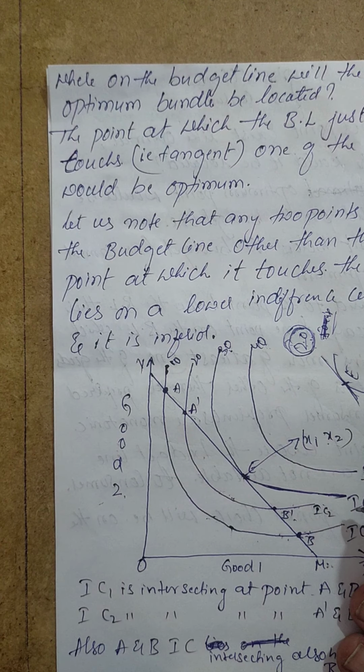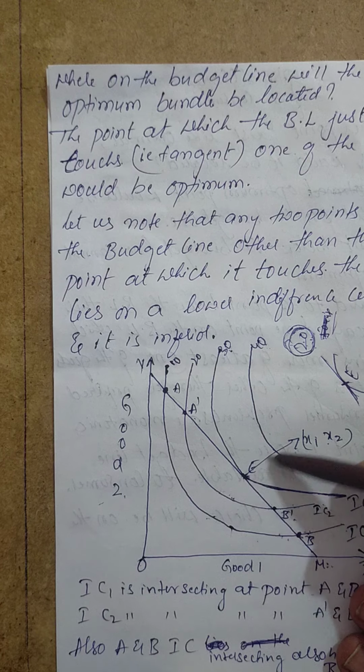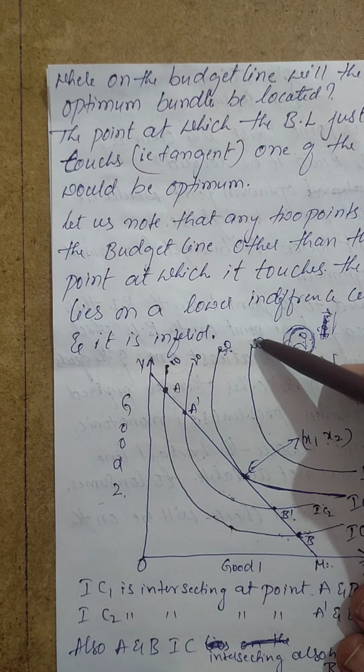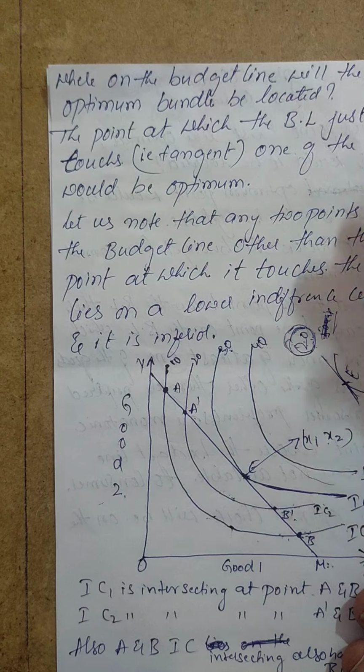You should not keep even a single paisa. So that amount is spent here at maximum, but he cannot spend here, because if it is spent here, nothing is left. So this curve is not affordable for the consumer. It is very difficult, he will not buy these particular goods.